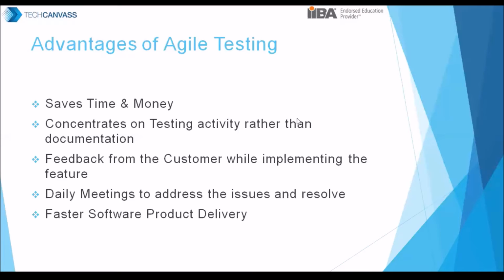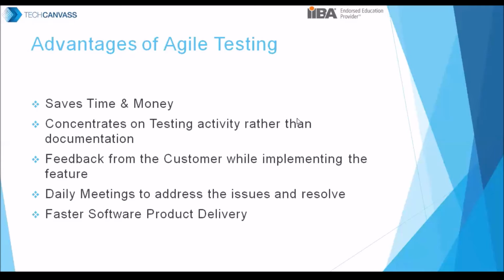Now, the fourth point is faster software product delivery. So since we are using agile testing and development, what happens here? The changes are initially told, or if we are good to go ahead, we go ahead, which results in faster product delivery.